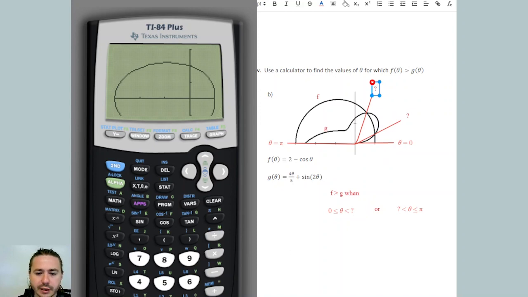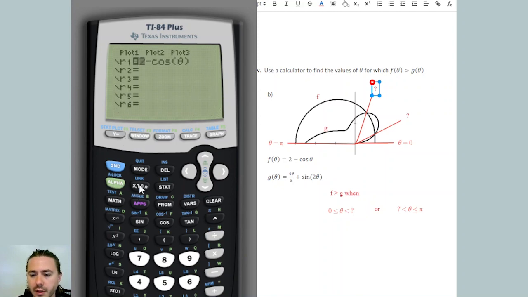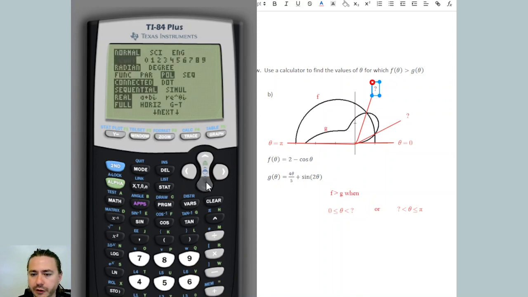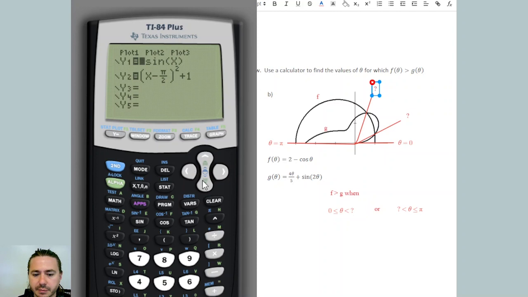So I'm going to go back to my calculator, hit y equals. Actually, I have to go back to function mode and then go to y equals. I'm going to type these two equations in. Let's clear out what's there right now so nothing gets messed up. 2 minus cosine of theta.